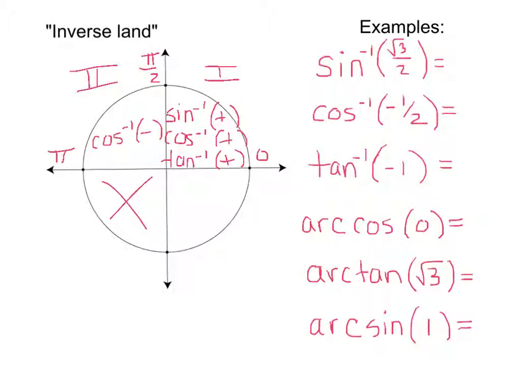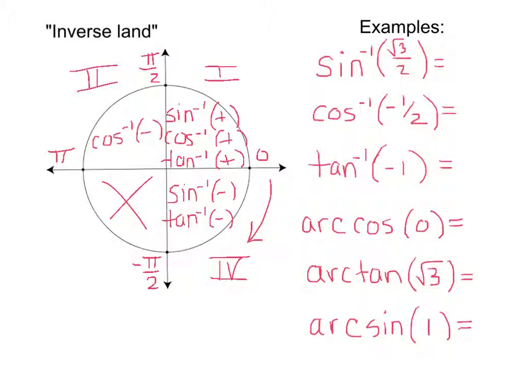So the last quadrant over here, quadrant 4, is where we're going to have our sine inverse and tan inverse. And these are going to be negative angles going clockwise. As you could see, the range of sine inverse and tan inverse went to -pi/2. So this is when you have a negative number that falls in here. You're going to have angles, negative angles between 0 and negative 90.